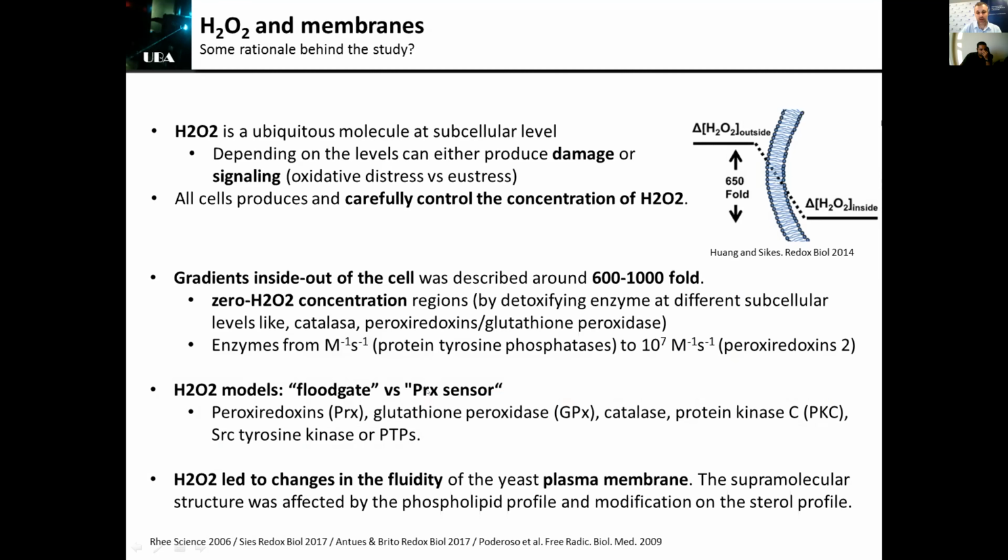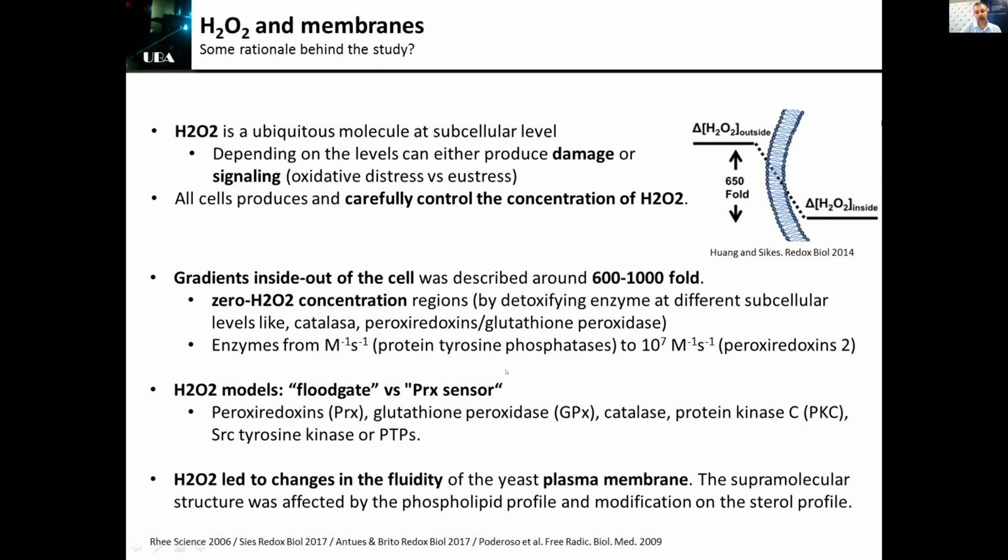There are two models of how this signaling works. One is the flood gate, which means that everything gets oxidized: the first enzyme reacts, then the next one can react, and the next one, and this is a path of oxidation.